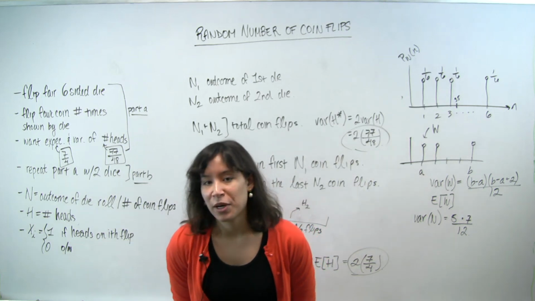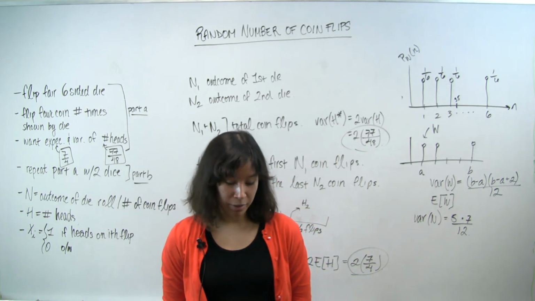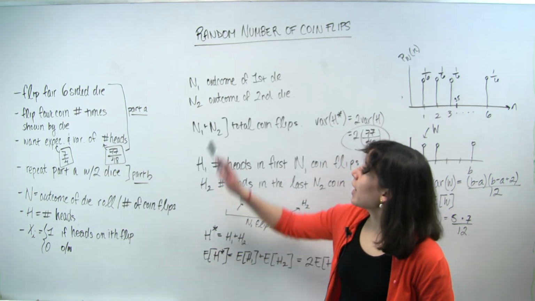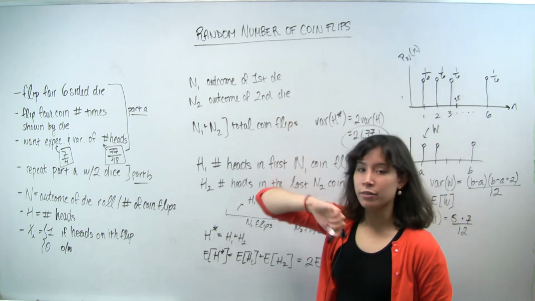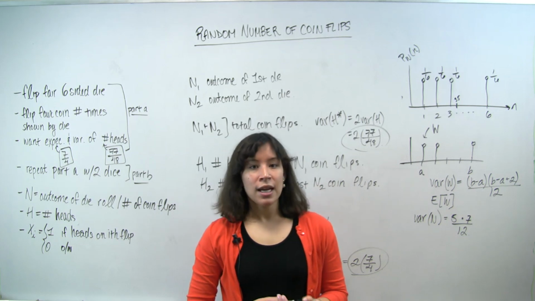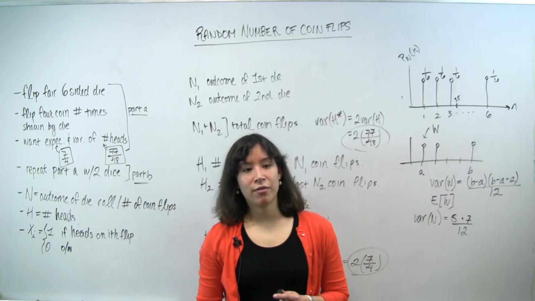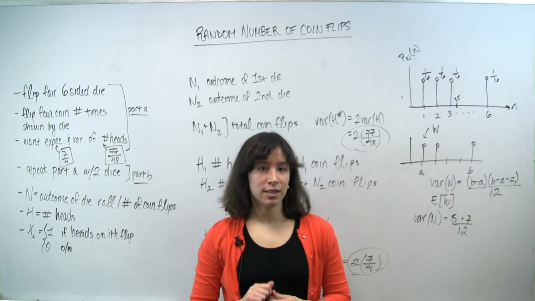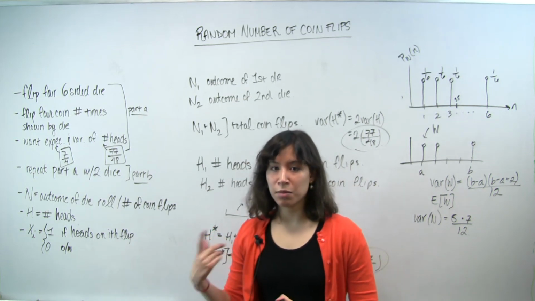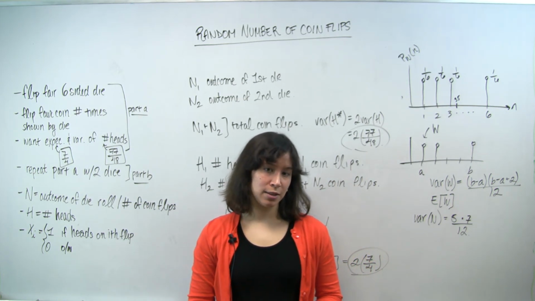Hopefully you guys enjoyed this problem. We covered a bunch of things. We saw how to deal with having a random number of random variables. Usually we have a fixed number of random variables. In this problem, the number of random variables we were adding together was itself random. To handle that, we conditioned on n, and to compute expectation, we used iterated expectation.